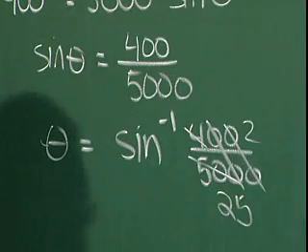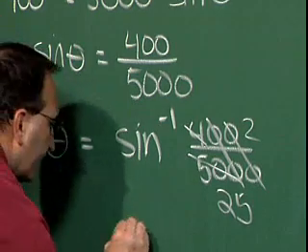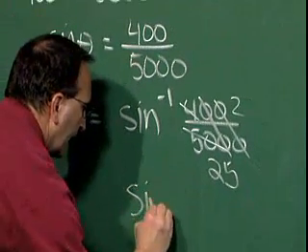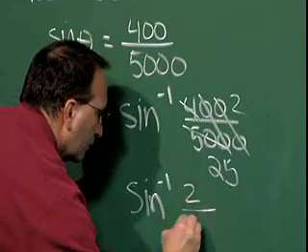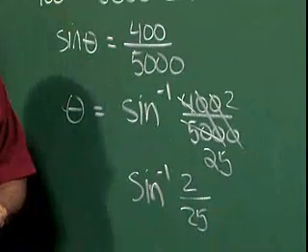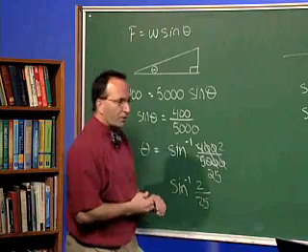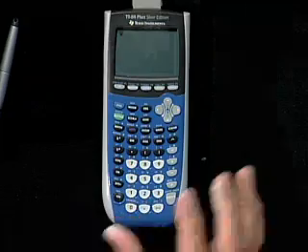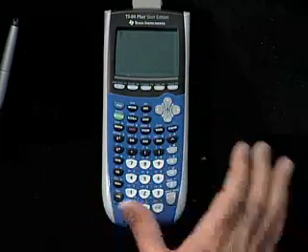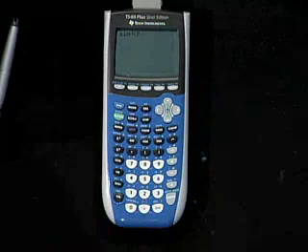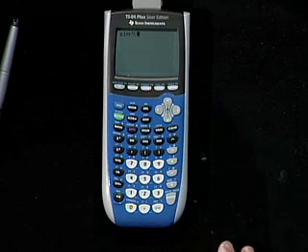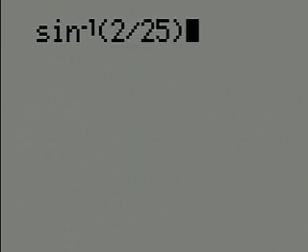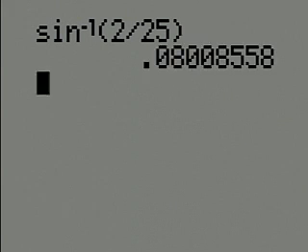So now let's go to the calculator and find sine inverse of 2 over 25. So on the calculator then, what we do is we do second sine, and you'll see that that gives me a printout of sine inverse parenthesis, and now what I plug in is 2 divided by 25, close the parentheses, and then hit enter.